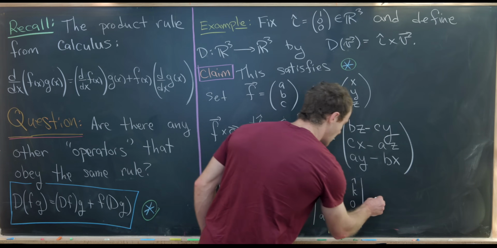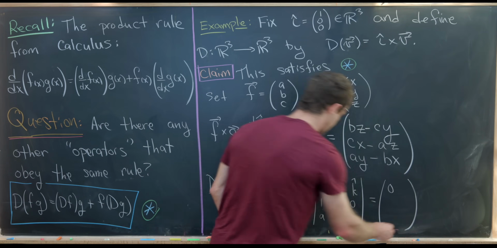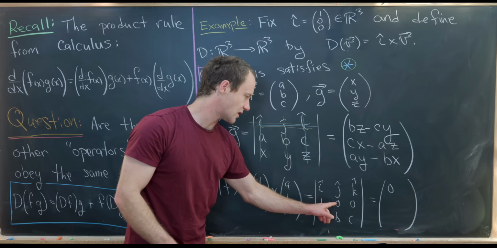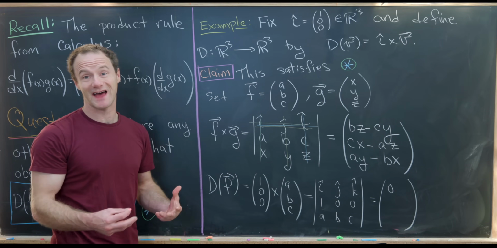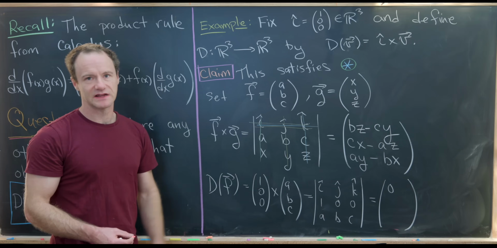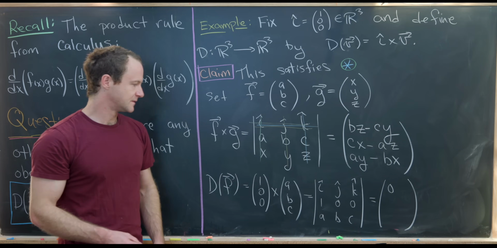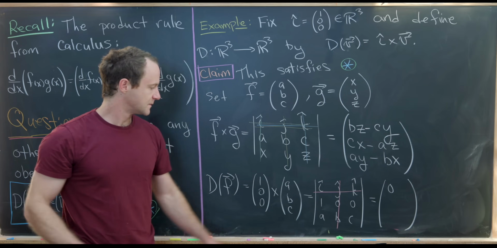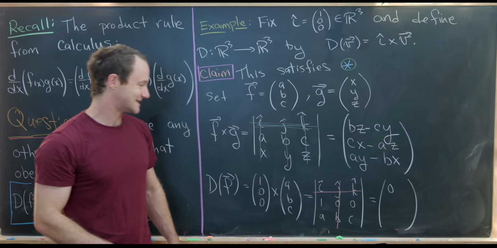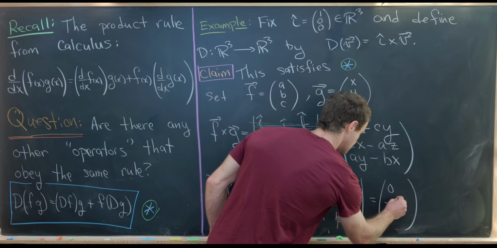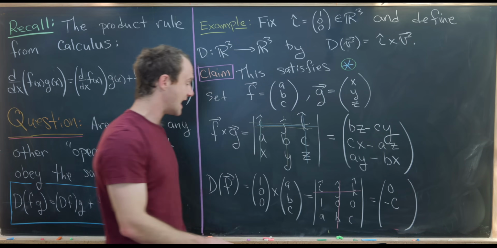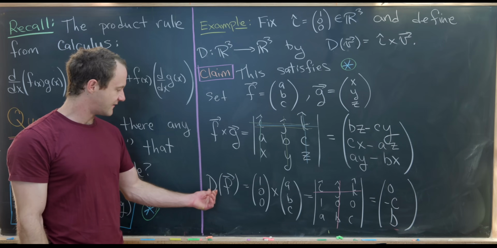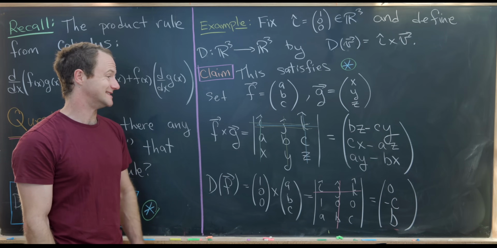We have a 0 in our first entry, which is pretty clear because if we cross the first column and the first row, we've got a row of zeros in that submatrix, which gives us a 0 in the determinant. Then for the second entry, if we do that crossing, we will get a minus c. And for our k component, we will get b. So that's our vector f evaluated with this function D.